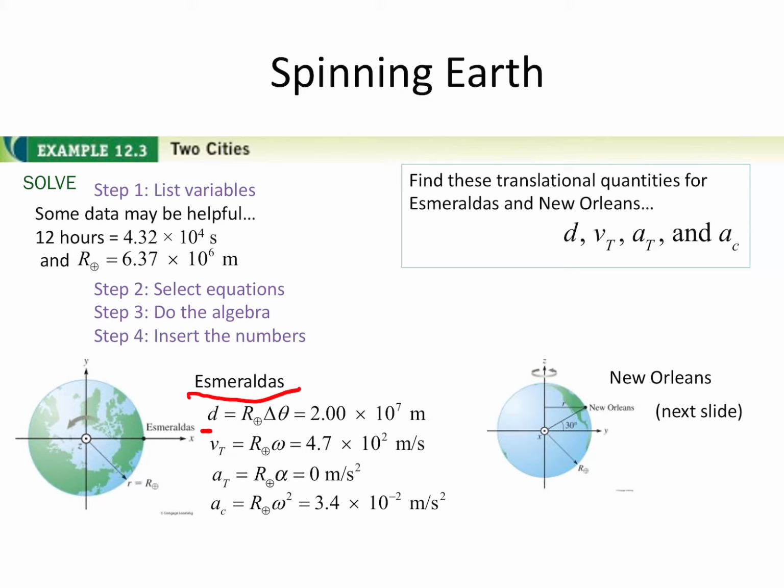For the city on the equator, you just use the radius of the Earth times angular displacement, which gives you the displacement. The velocity is the radius of Earth times angular velocity, and the acceleration is radius times angular acceleration, which for the spinning of Earth is 0. The Earth is spinning at a constant rate. However, we should have centripetal acceleration, which is radius times omega squared.